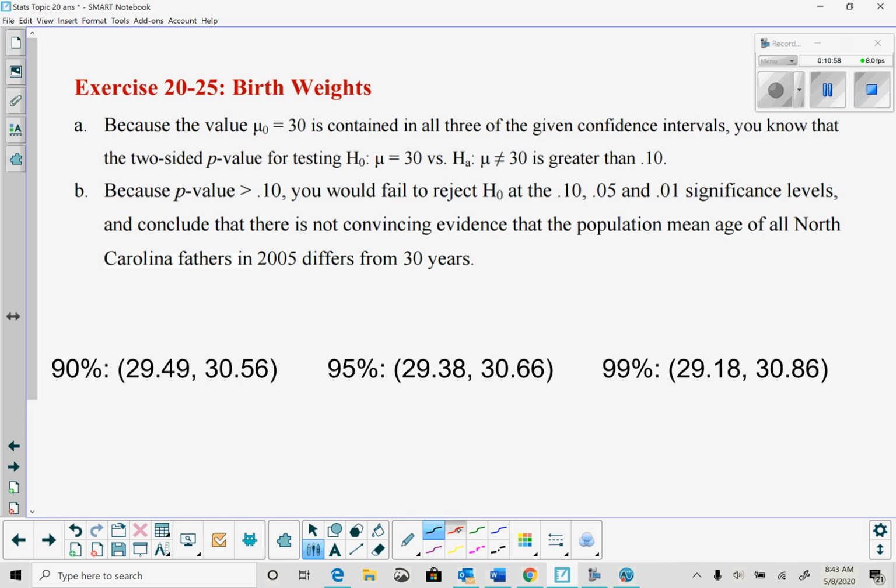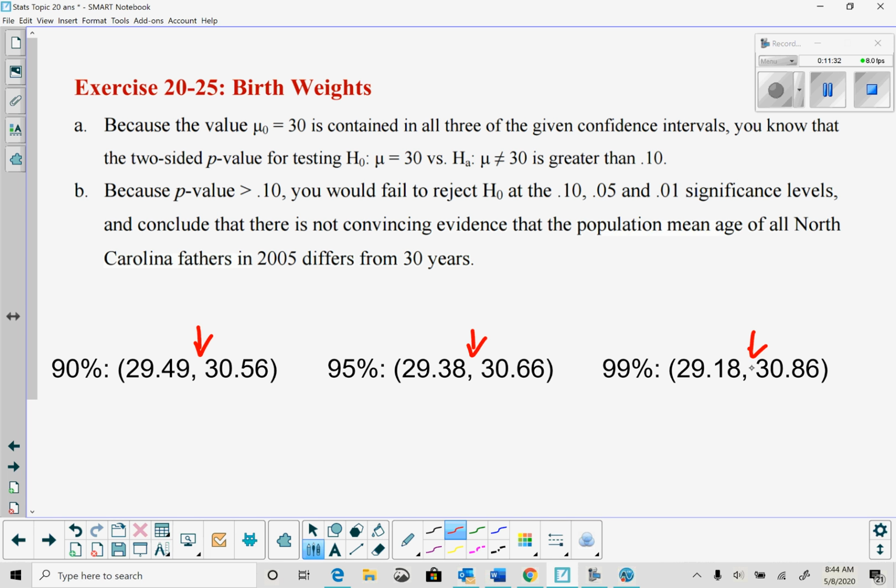We take a look at this first confidence interval, and 30 is in there, and 30 is in there, and 30 is included in every single one of them. So saying that the average age of the fathers here is equal to 30 years is completely plausible in the 90%, the 95%, and the 99% confidence intervals. That's a plausible value for the population mean.